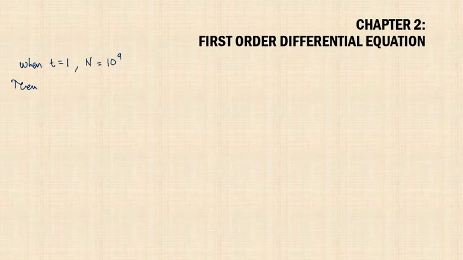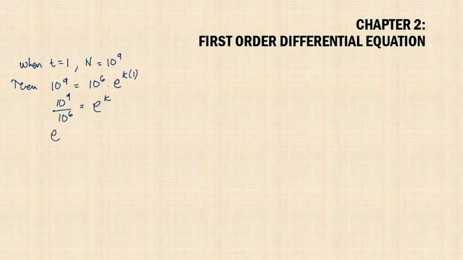Substituting in the equation, we have 10 power of 9 equals 10 power of 6 e power of k times 1. So 10 power of 9 divided by 10 power of 6 equals e power of k, so e power of k equals 10 power of 3.